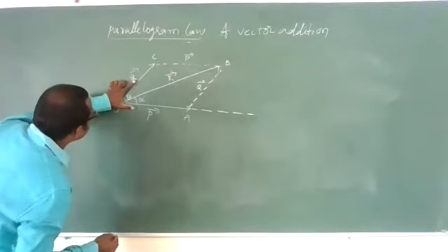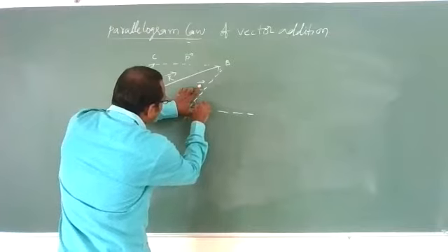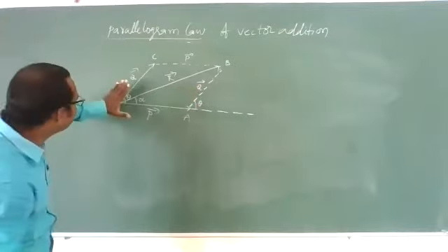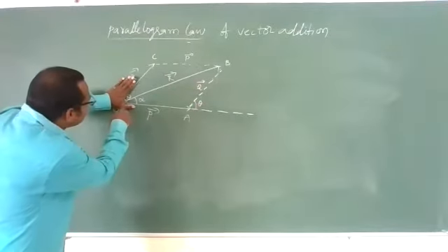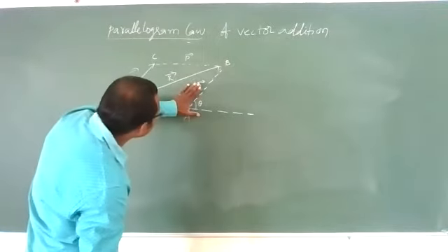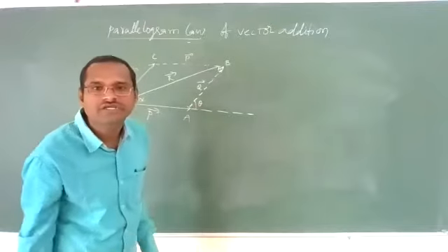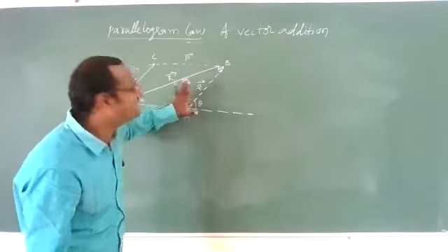Between P and Q, some angle theta is there. And here also you draw angle theta. Between P and Q, angle theta is there here. And here also these are P and Q only. This is Q. Between these two also angle theta is there.